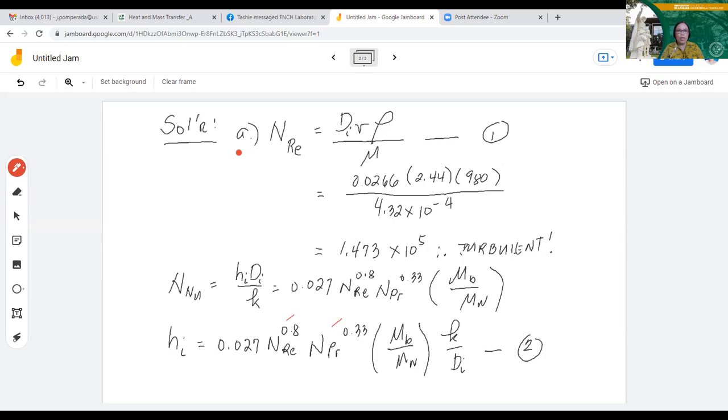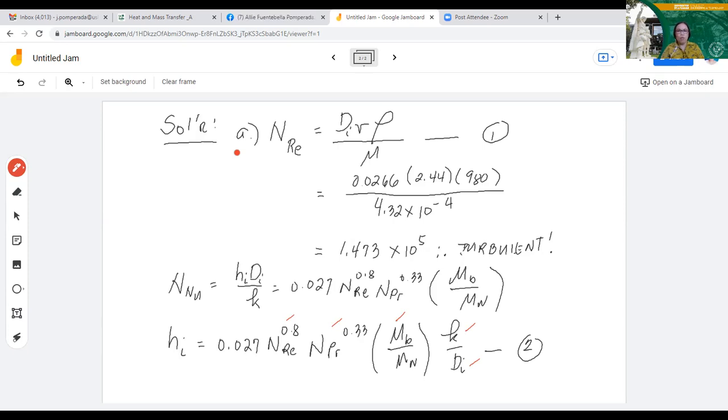We have already the bulk viscosity of water based on the 65.6 degrees Celsius temperature. And we have also the thermal conductivity. And we have also the inside diameter based on a table also, using the nominal size and the schedule number of our pipe. Now, the question is the viscosity based on the wall temperature.